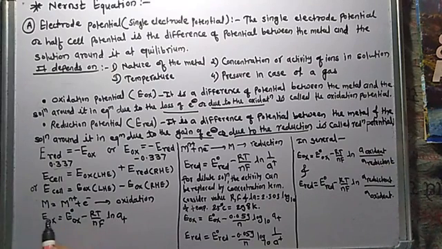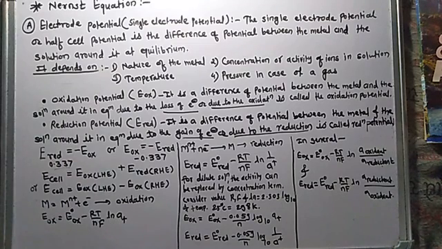Similarly, for the single electrode potential we consider the oxidation M goes to M n plus plus n electrons. For this reaction, it is given by the Nernst equation: E oxidation is equal to E standard oxidation minus RT upon nF into ln a plus.